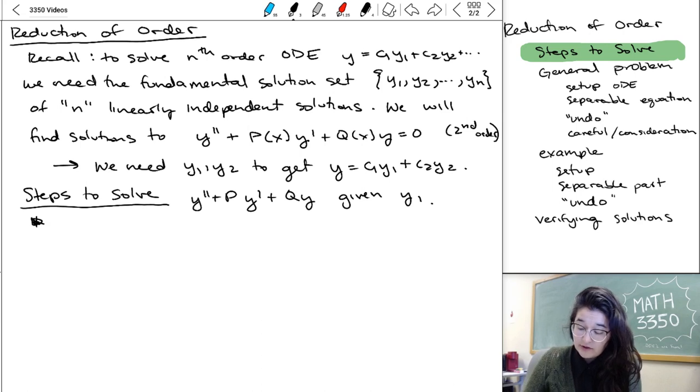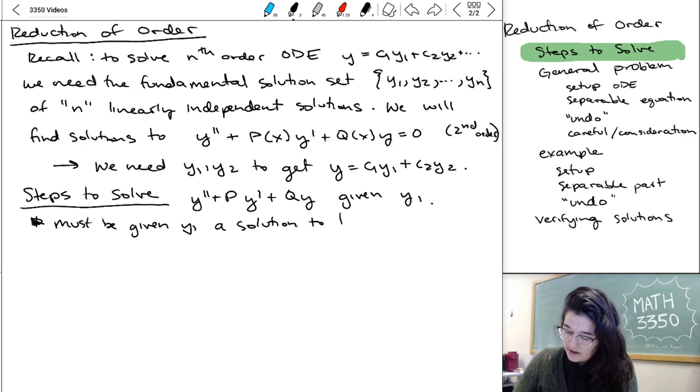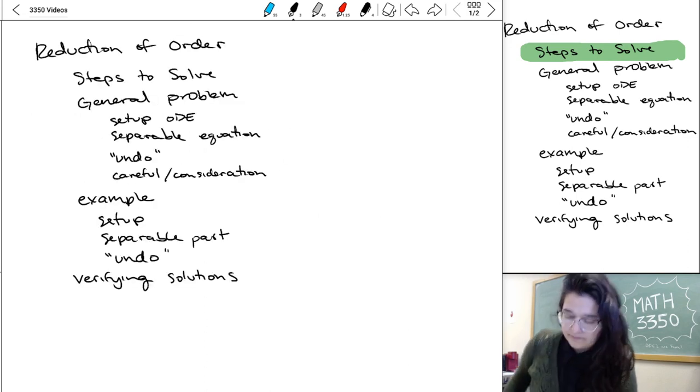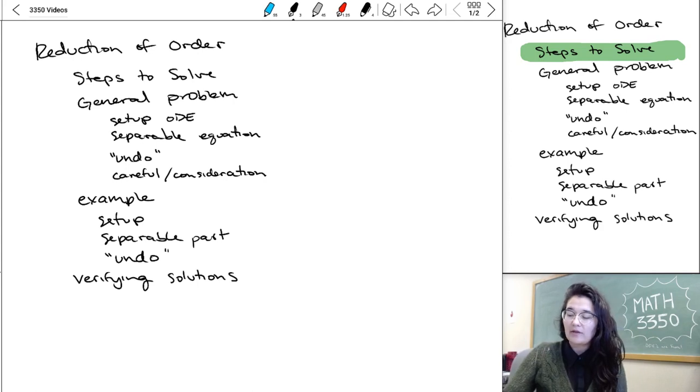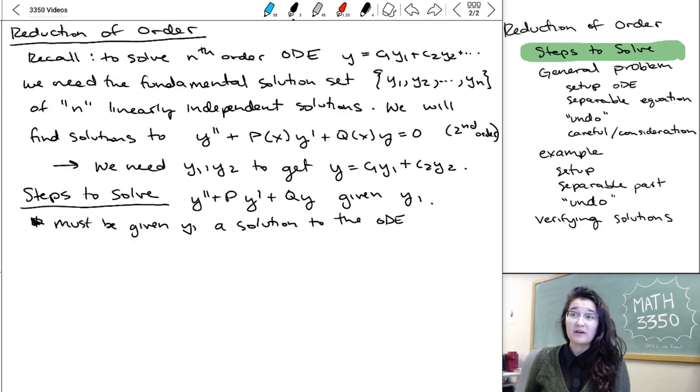So just to be super clear, you must be given y1, a solution to the ODE, y double prime plus p y prime plus q y.